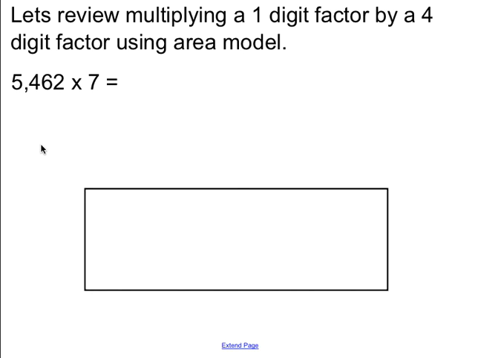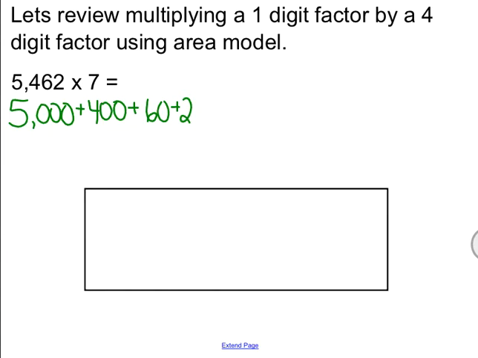So 5,462 in expanded form is 5,000 plus 400 plus 60 plus 2.